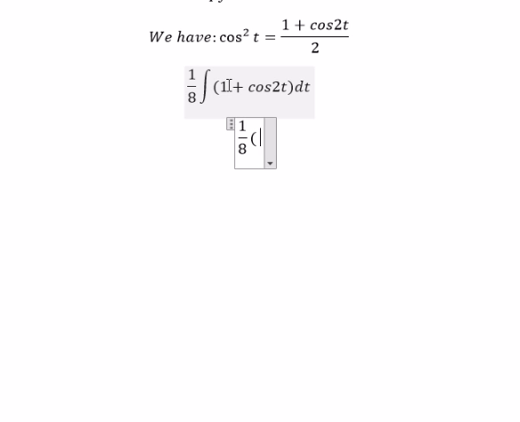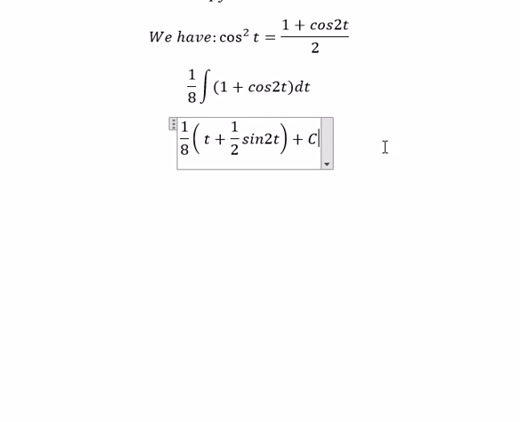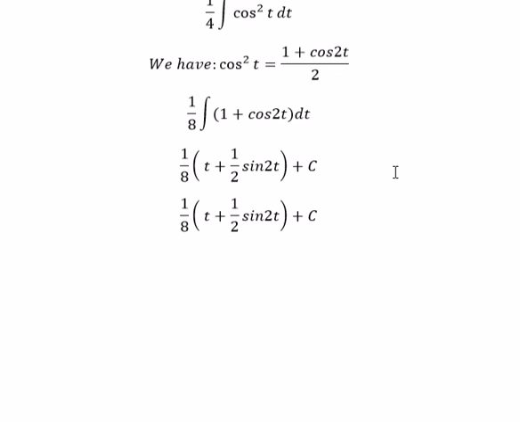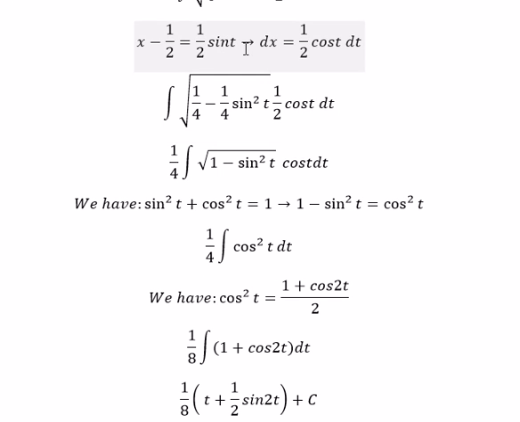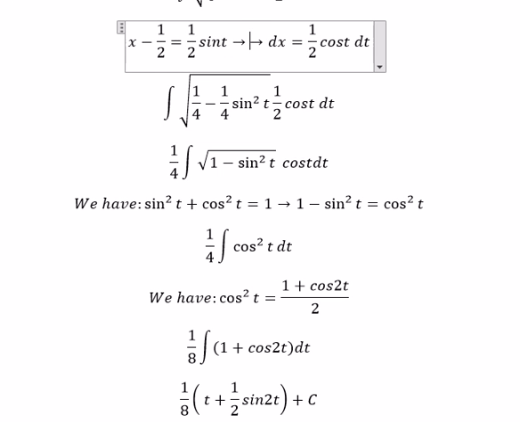The integral of number 1, you got about t. The integral of cosine 2t, you got about 1 over 2 sine 2t. About t, we need to change back to this one. So we multiply both sides with number 2.